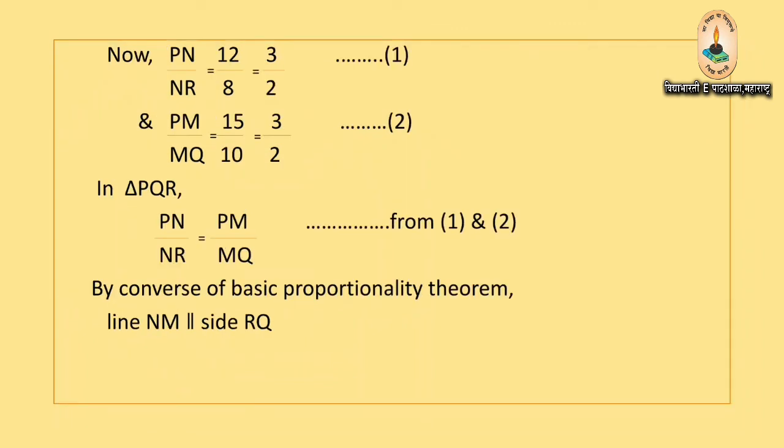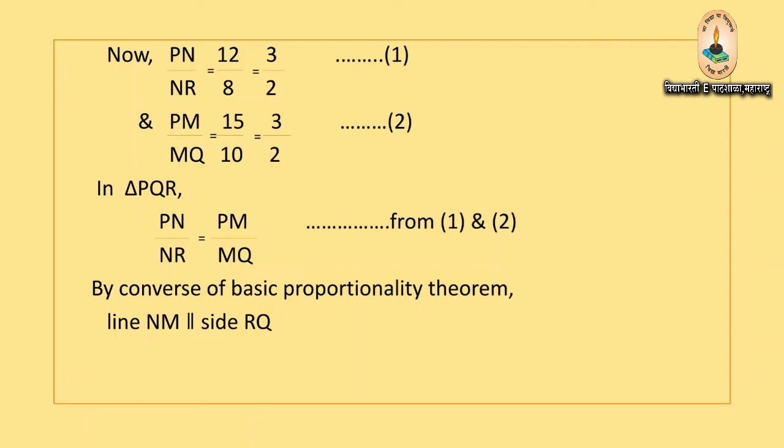Now find the ratio PN upon NR and PM upon MQ. PN upon NR is equal to 12 upon 8 is equal to 3 by 2. Number this as 1. And PM upon MQ is equal to 15 upon 10 is equal to 3 upon 2.